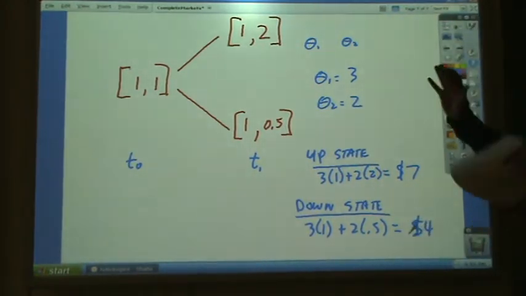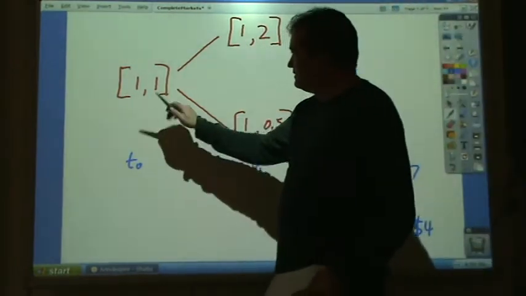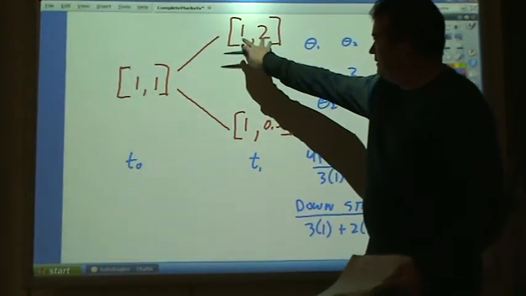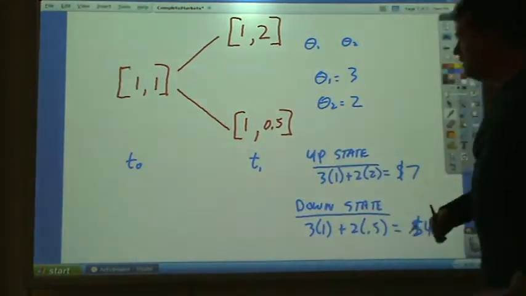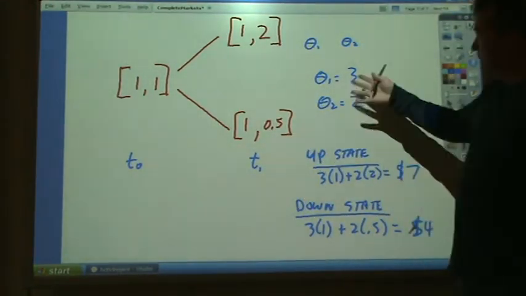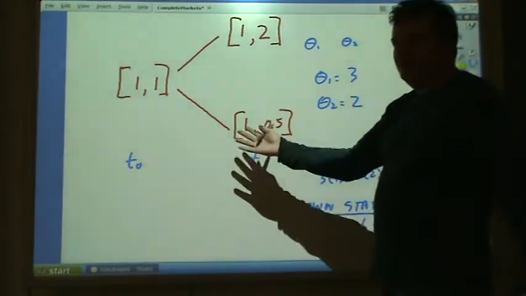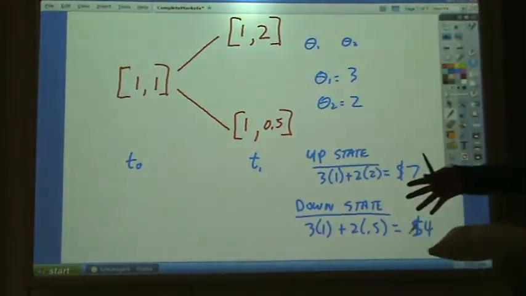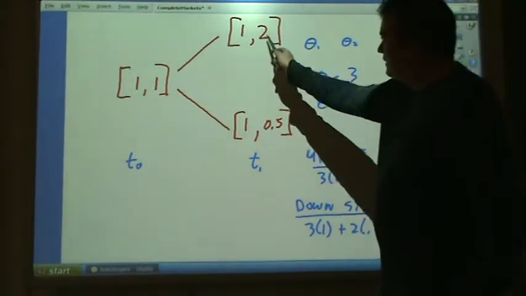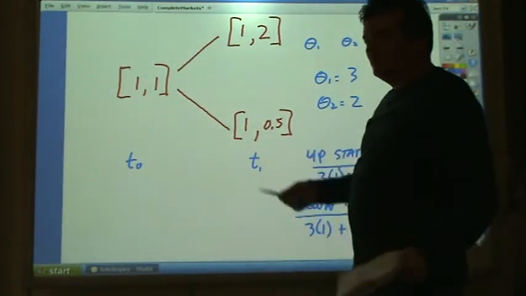So that's all it's saying. There's nothing too fancy going on. There's just 2 different stocks, and if the market goes up, the values change to these numbers, and if the market goes down, the values change to these numbers. We have an opportunity to come along and buy as many units of each of these, right? You could take 2 shares of IBM and 4 shares of something else, and then time passes, and you look at the new prices plus the number of shares you have, and you see what your net worth is.